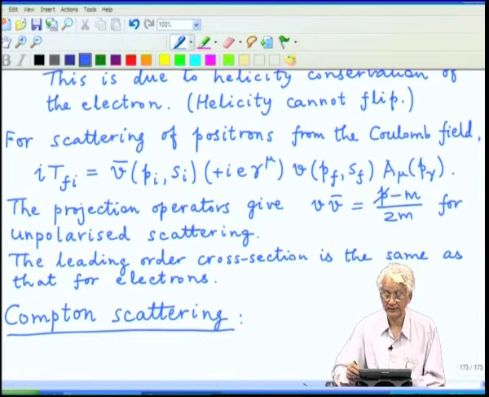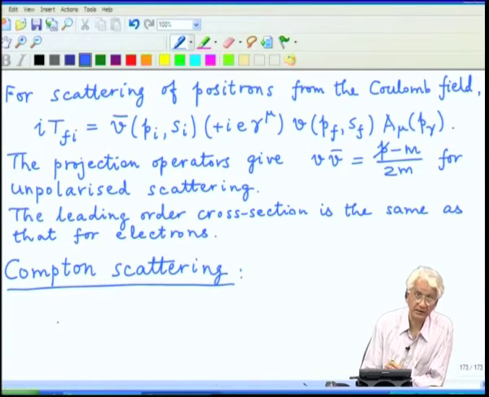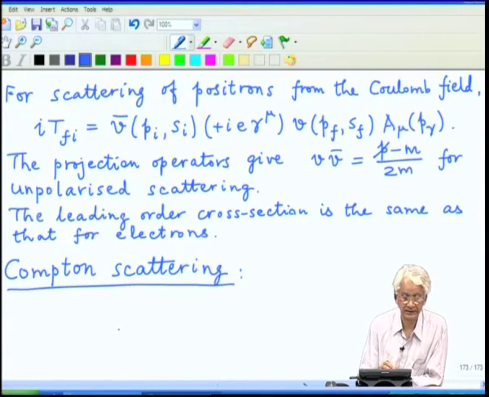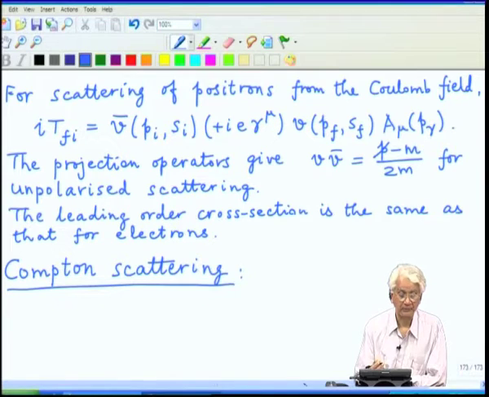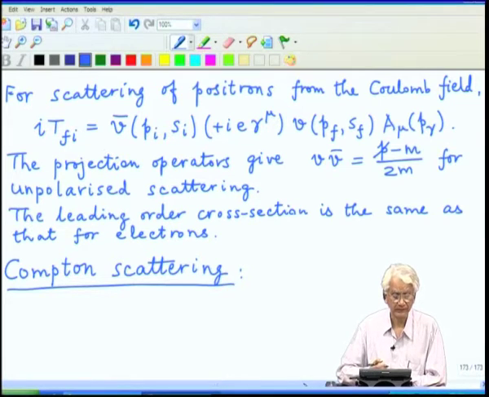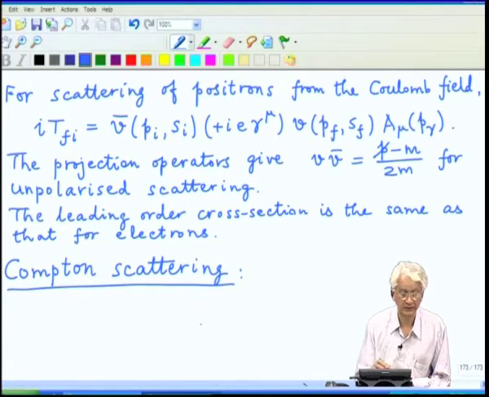We have seen that in this case there are two diagrams which contribute, and the process in the laboratory is essentially observed as scattering from a material, say free electrons in a metal, or even from atoms. So, there is just a target which is essentially non-relativistic, and you shine some light on it and you observe the final photon, and the properties of the final photon is what we want to calculate.